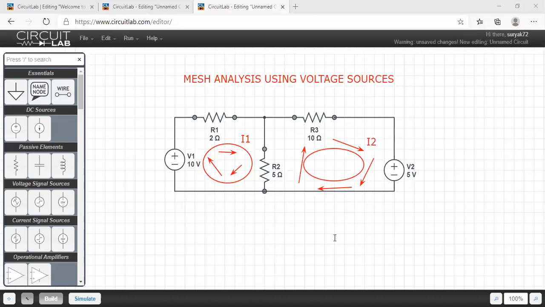In mesh analysis, we should apply KVL. And before going for KVL, we should also know the branch current.